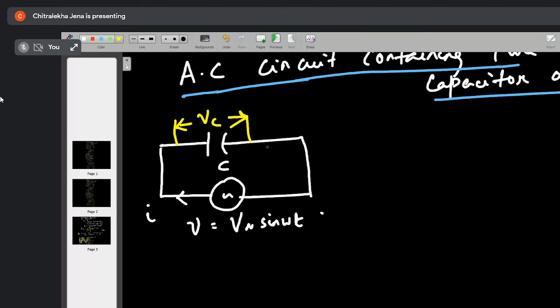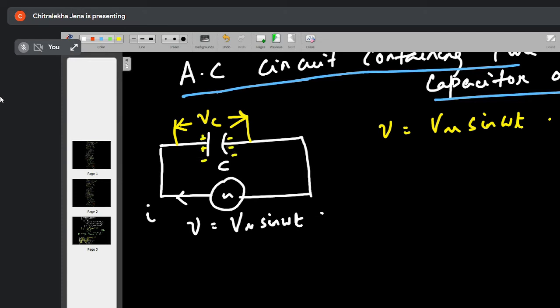Now, what will happen when you are providing an alternating voltage to a capacitor? V is equal to how much? Vm sine omega t. Yes or no? Yes. Okay. So charge will be accumulated here when you are providing the supply voltage.